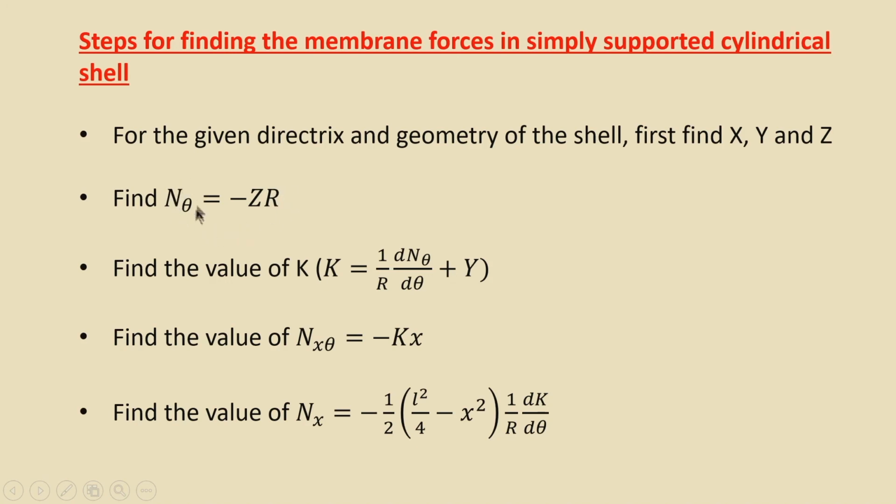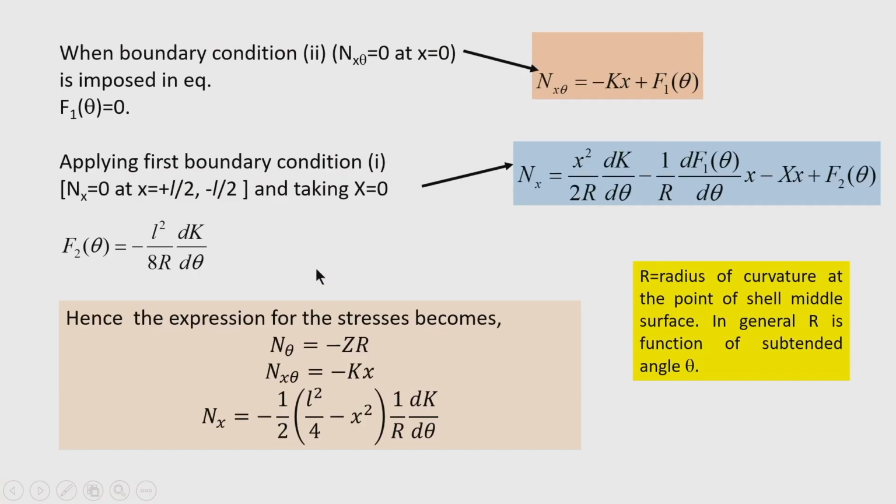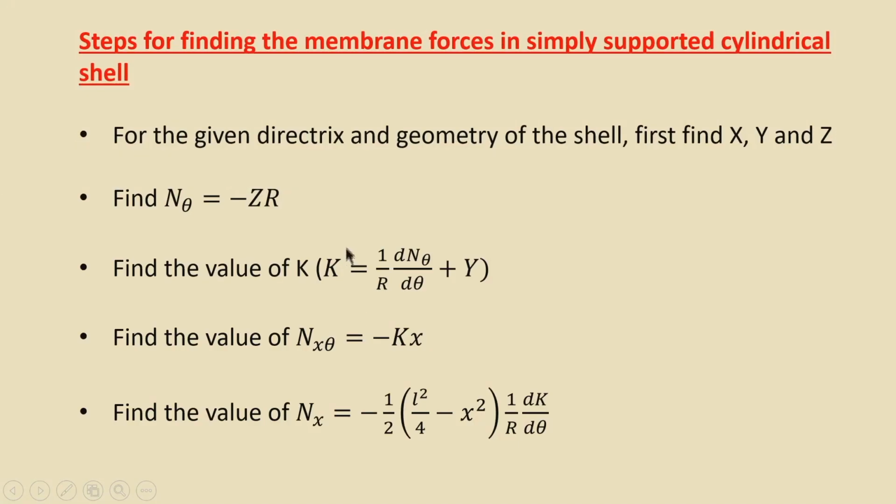Then after finding n theta, find the value of k, because you are seeing that k is appearing in many places, so we have to know what k is. After finding n theta, k is obtained, and k is nothing but 1 by r d n theta by d theta plus y. Once k is obtained, go to the next step: find n x theta equal to minus k into x.